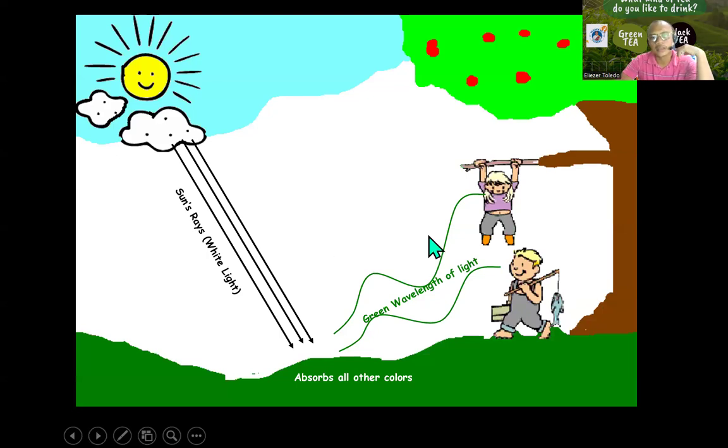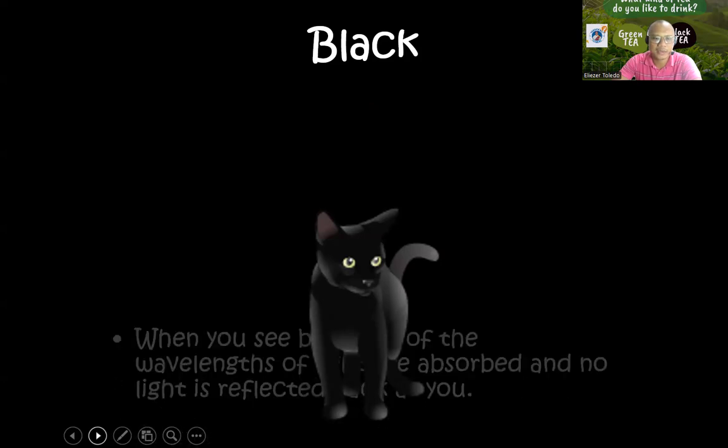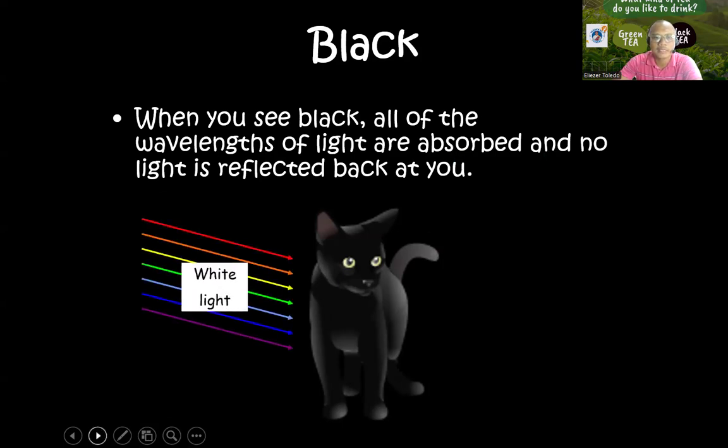These are just the scenarios outside. Now, what about black? Make a guess. We have a black cat for this matter. What happens with a black cat? When you see black, all of the wavelengths, what happens?